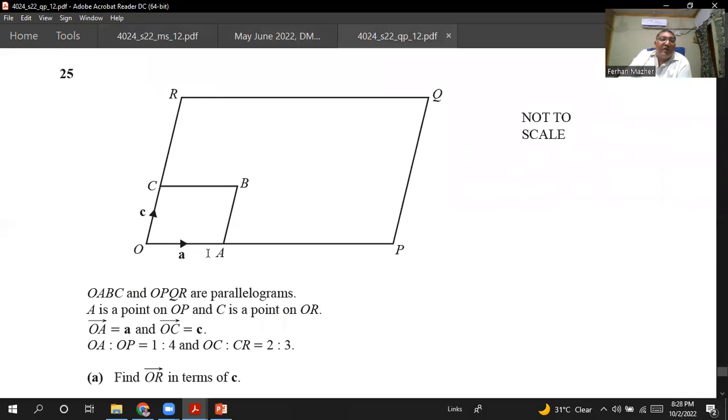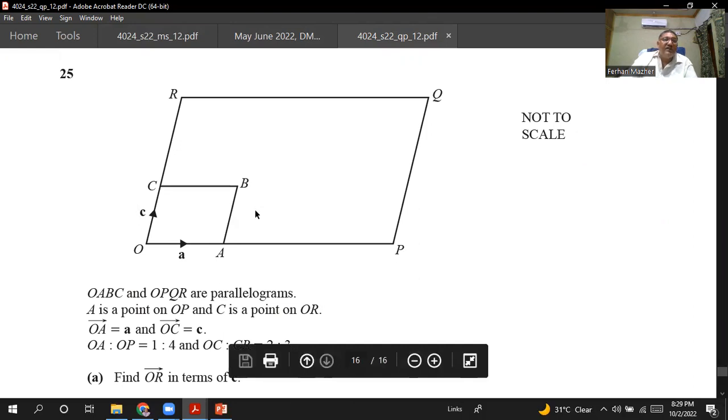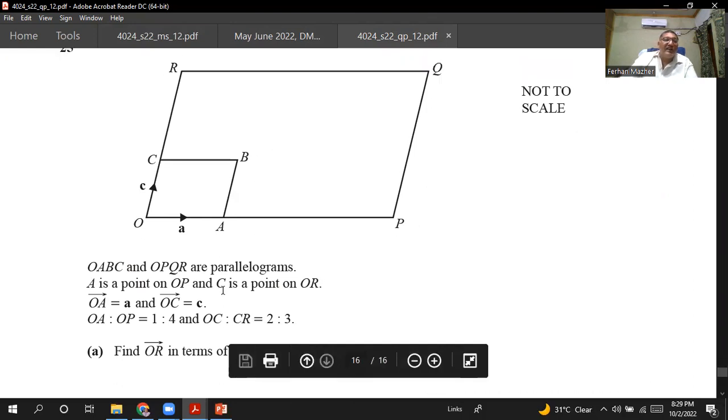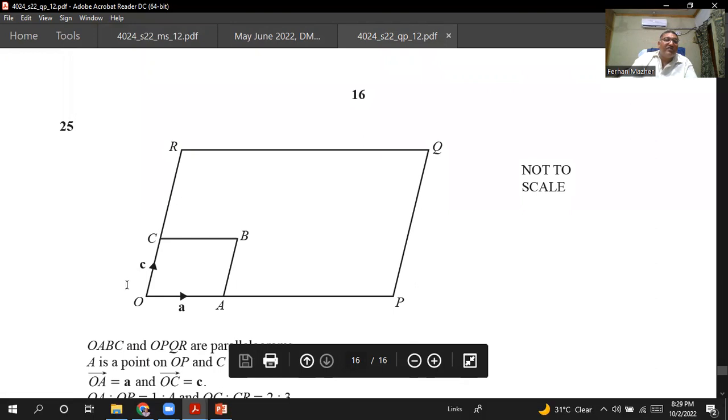The ratio between OA and OP is 1:4, so this is 1, this is 3, and the whole thing is 4. Then the ratio of OC to CR is 2:3, so if this is 2, this is 3, and the whole thing is 5 in terms of ratio.